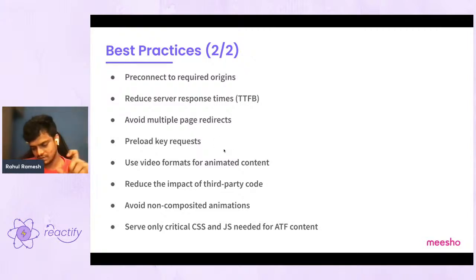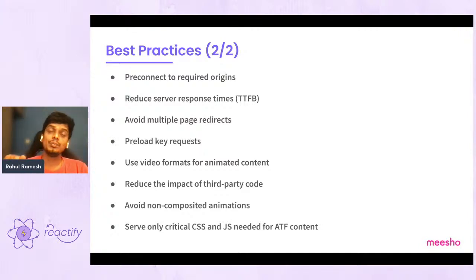Preloading key requests or key resources is very important again. When I say preconnect, you are establishing a connection with a server or a CDN with an origin. Similarly, you can preload certain resources. Why does it help? Let's say you have a hero image, whatever image gets rendered in the viewport, and you want to render it as soon as possible.